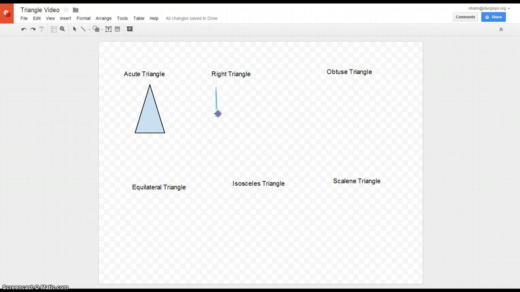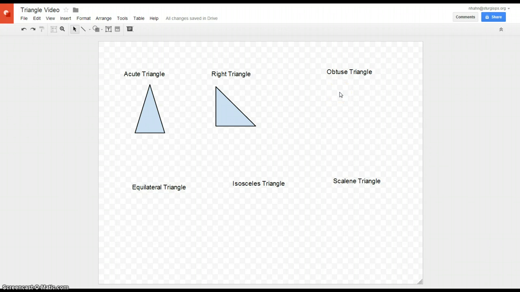If you don't remember what that looks like, a 90-degree angle forms a square corner, which you see right here. That should look like the corner of a square. Right triangles can also be classified as isosceles or scalene, but they cannot be equilateral triangles.